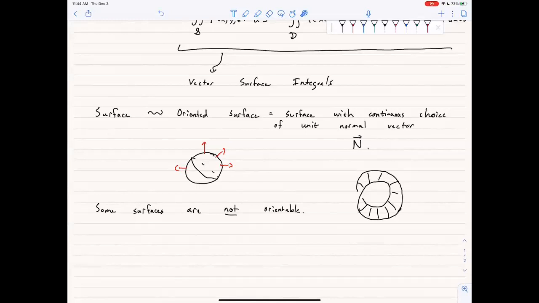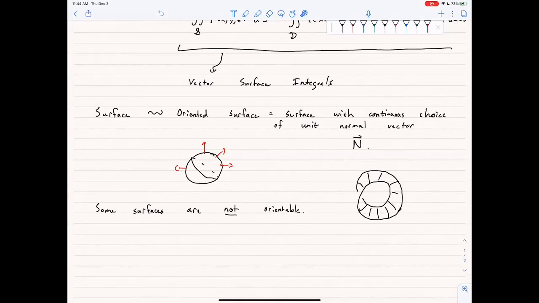This is a feature of some surfaces. I don't know if I want to say they're rare, but in higher dimensions, this kind of thing happens as well. So you can define three-dimensional spaces, who knows, we may live in one, where if you traveled around the universe and came back to where you started, your heart went to the right side of your body, just by the topology of the space.